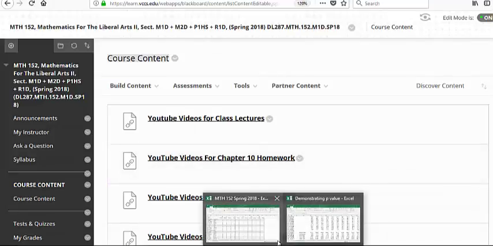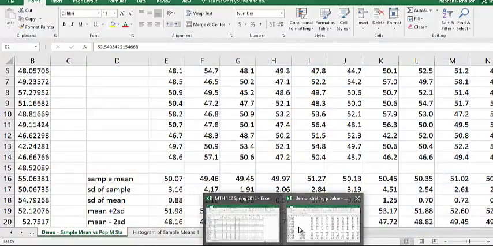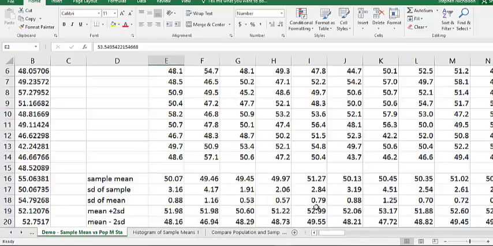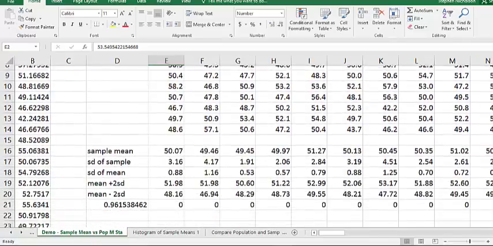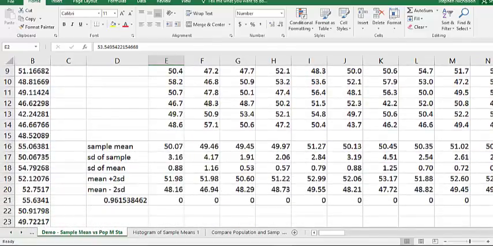Before we move on to the next topic, which is the last topic in Chapter 12, I wanted to show you what I did. I basically created these confidence intervals for each sample set.